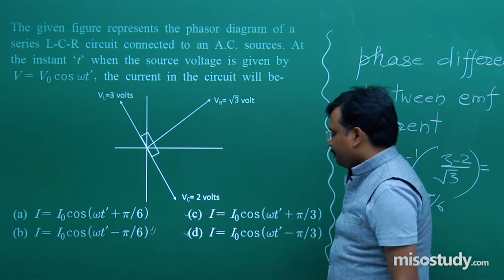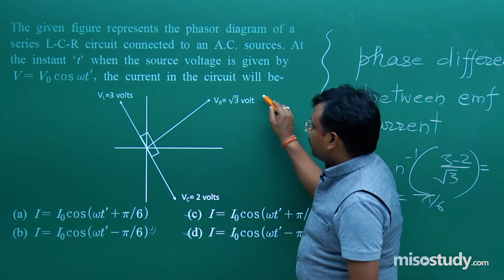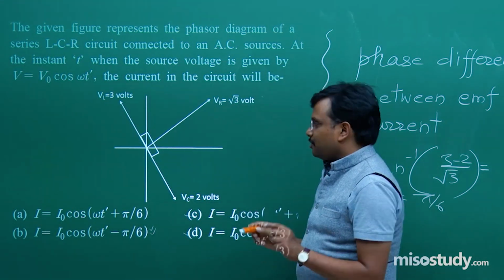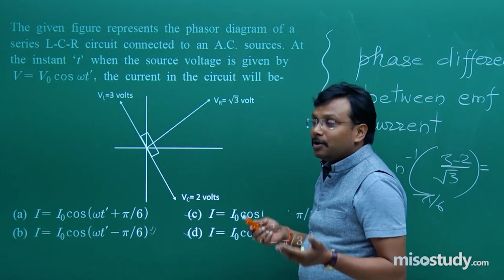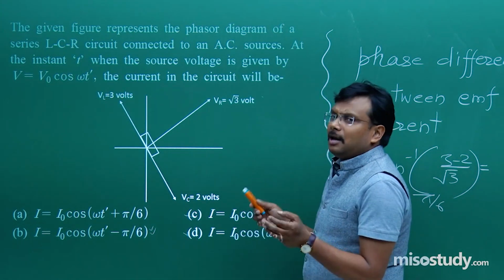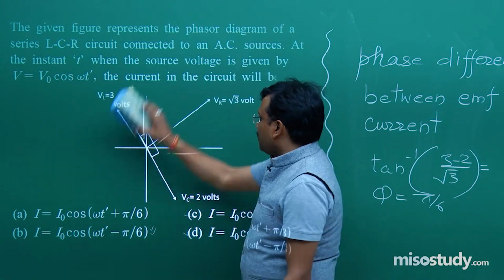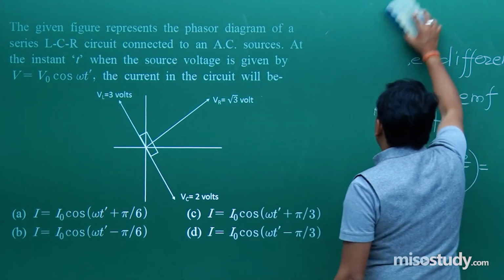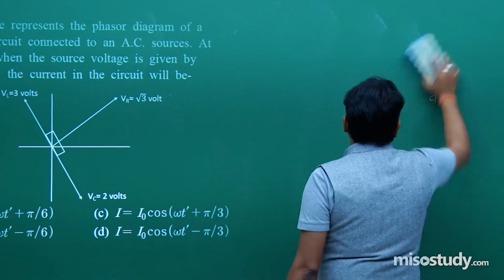So the question is simple. If this diagram is not given, then yes, up to some extent a few of you may have to struggle a bit. Otherwise, if the diagram is given, then things are not so difficult to visualize and understand. Fine.